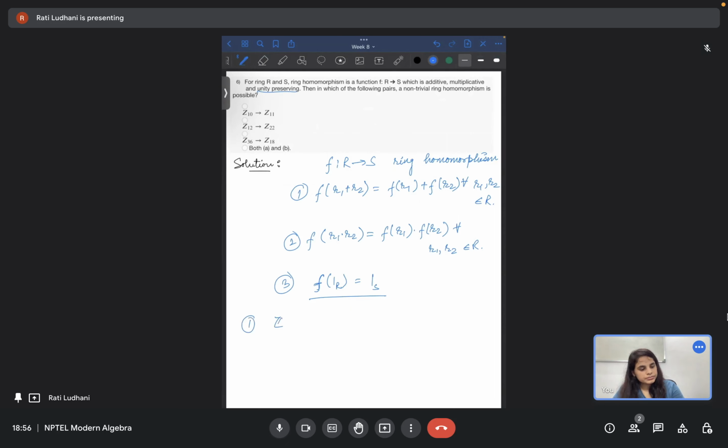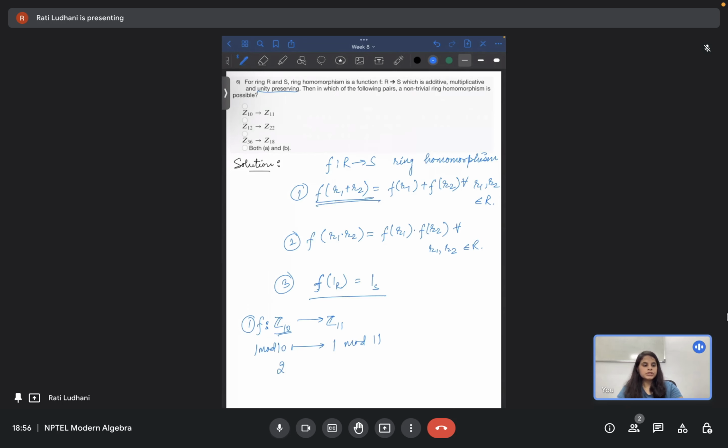First thing, Z10 to Z11. So this is your map. Let's see the properties: 1 of Z10 should map to 1 of Z11. That is 1 mod 10 mapping to 1 mod 11. So if this maps, then what will happen? This property should hold.